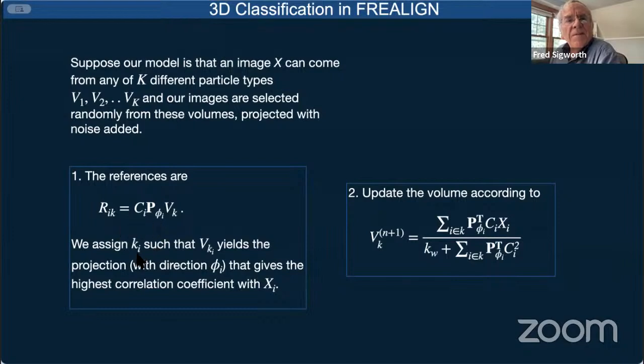And what we do is, at the same time we find the best projection angle, we also figure out which is the best volume that this matches. And so we can then do the 3D reconstruction just as before, just we do it for each volume using the particles that belong to that volume.